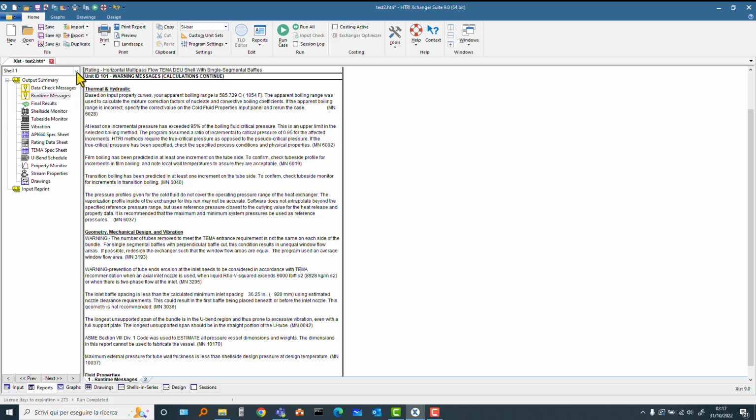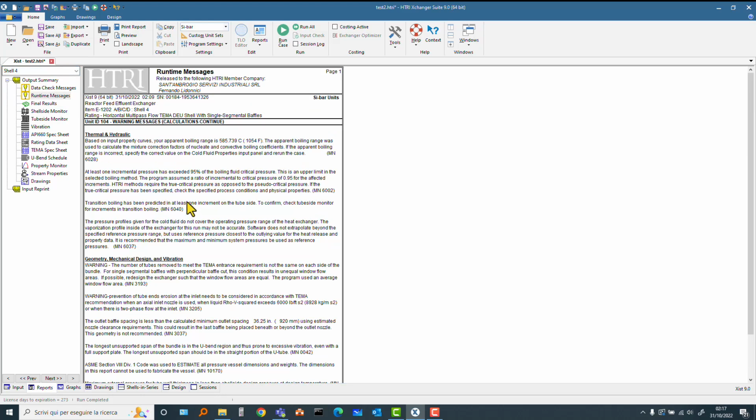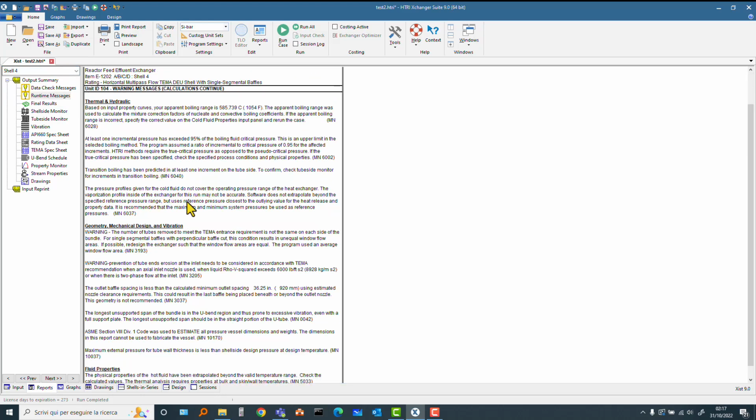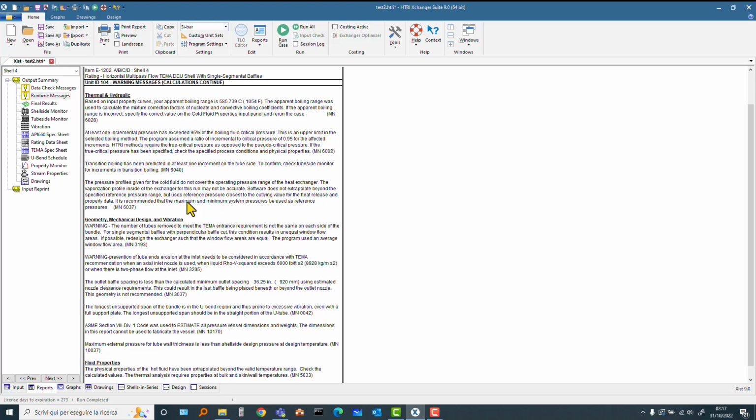Let's look first of all at the shell 4. In the shell 4 there is something different. The longest unsupported span of the bundle is in the U-bend region and thus prone to excessive vibration. Even with a full support plate, the longest unsupported span should be in the straight portion of the U-tube. Well, okay.